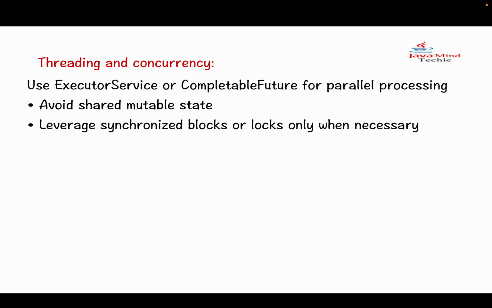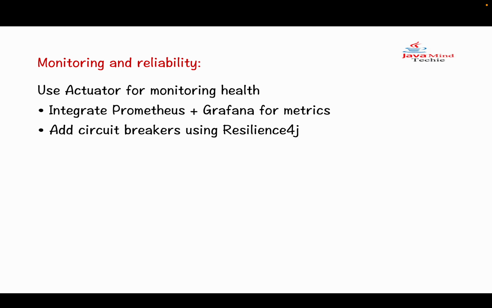If you would like to know what a synchronized block is and how locks work in multithreading, please watch that complete playlist, then your multithreading and concurrency concepts will be clear. So these are all about threading and concurrency concepts. Then we should also have monitoring and reliability.